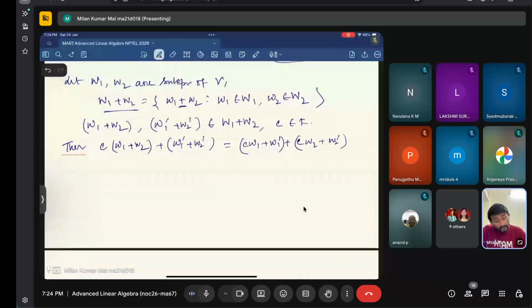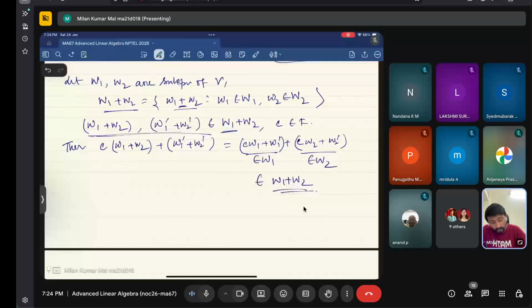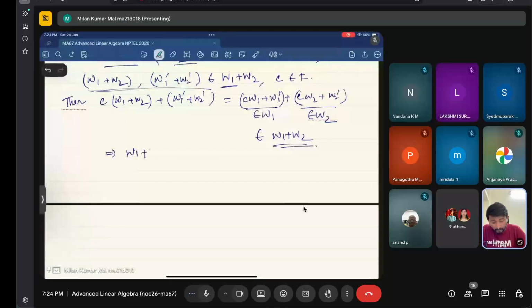Now as W1 is a subspace, C w1 plus w1 dashed is in W1, and similarly this is in W2. I hope this is clear. So that means this is in W1 plus W2, so W1 plus W2 is again a subspace of V. I hope this is clear.